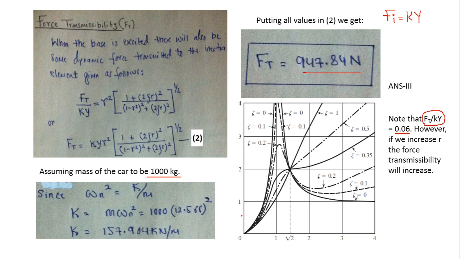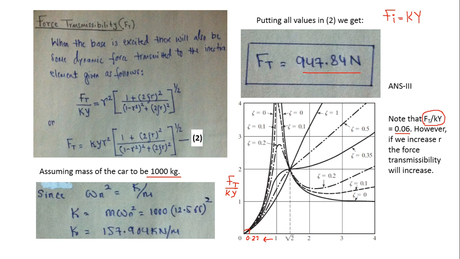And you can see here that this is the value of the force transmissibility because of the base excitation. On the vertical axis we have plotted this ratio, and so 0.06 maybe is somewhere here, because we know that r is less than 1 in this case, and that was 0.238.